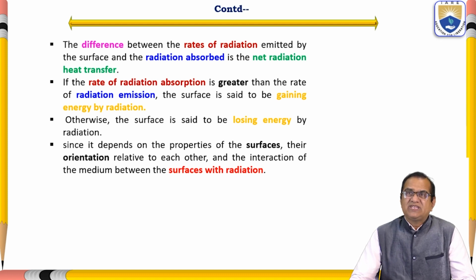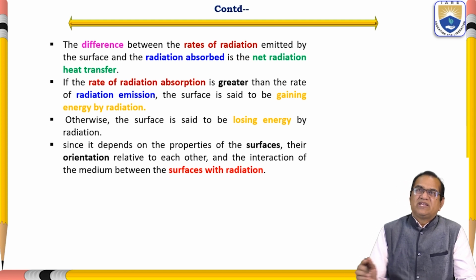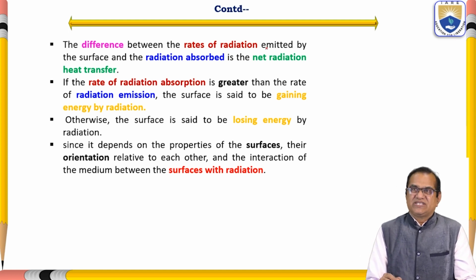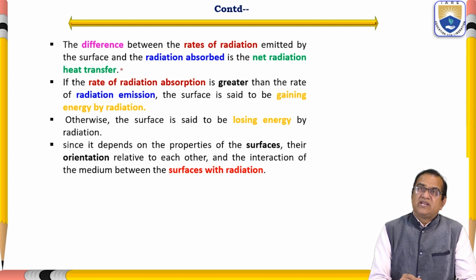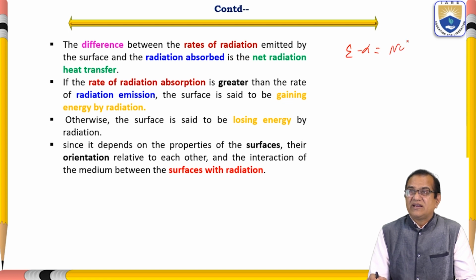The difference between the rates of radiation emitted by the surface and the radiation absorbed is the net radiation heat transfer. So the difference between the radiation emitted and absorbed is called the net radiation.